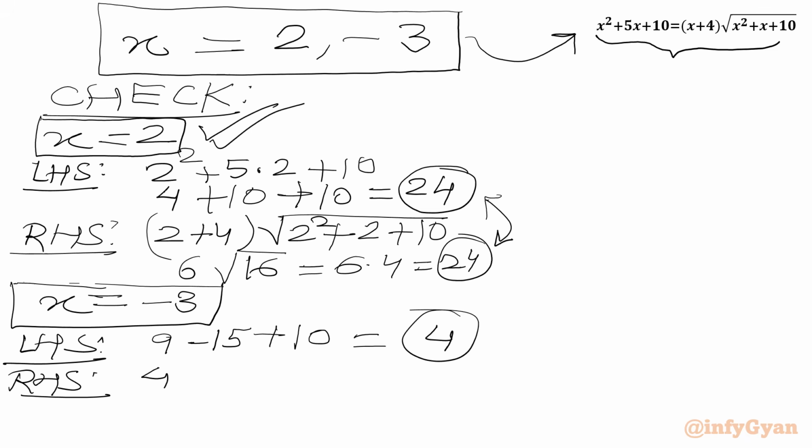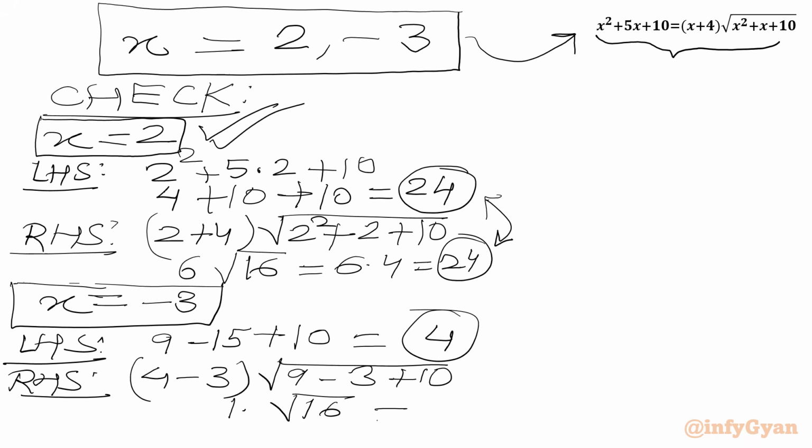So we'll write minus 3 plus 4 times square root of minus 3 square is 9, plus x means minus 3, plus 10. 19 minus 3 is 16, so square root 16. 4 minus 3 is 1. Square root 16 is 4. LHS equal to RHS. Hence our solution minus 3 is a verified solution.